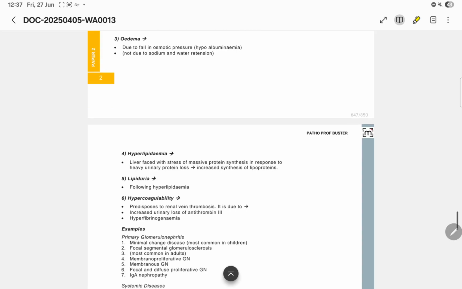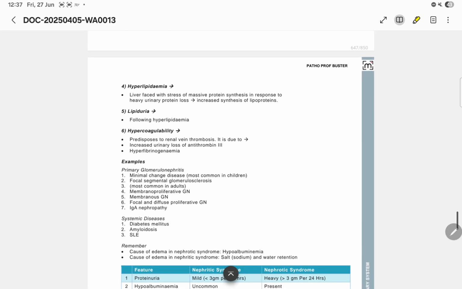Then let us go to hyperlipidemia. Since there is a low level of albumin, the liver obviously faces stress because albumin is produced in the liver. The body should increase the level of albumin, so the liver faces stress. Due to this stress, there will be increased synthesis of lipoproteins.